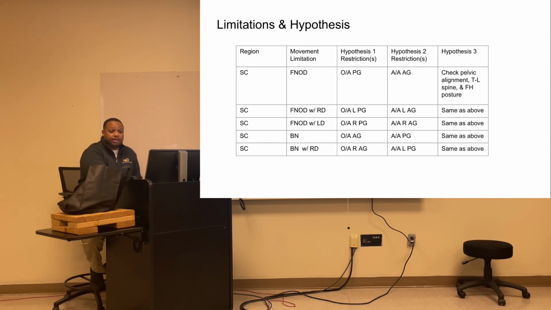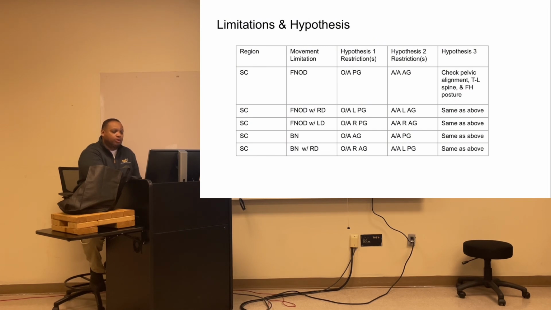Hypothesis 2, there also could be an AA restriction with the posterior glide. So an OA restriction with anterior glide, and an AA restriction with the posterior glide.